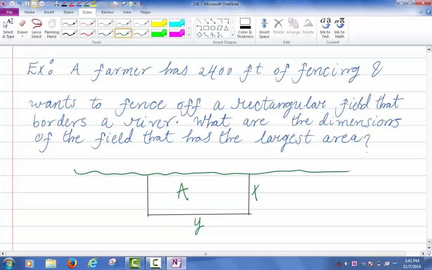No restriction on it. The only restriction is that he has 2,400 feet of fencing. Now, how should he pick the dimensions so that the enclosed area is as large as possible? Am I making sense? That's the question. So he wants to maximize the enclosed area given that condition.